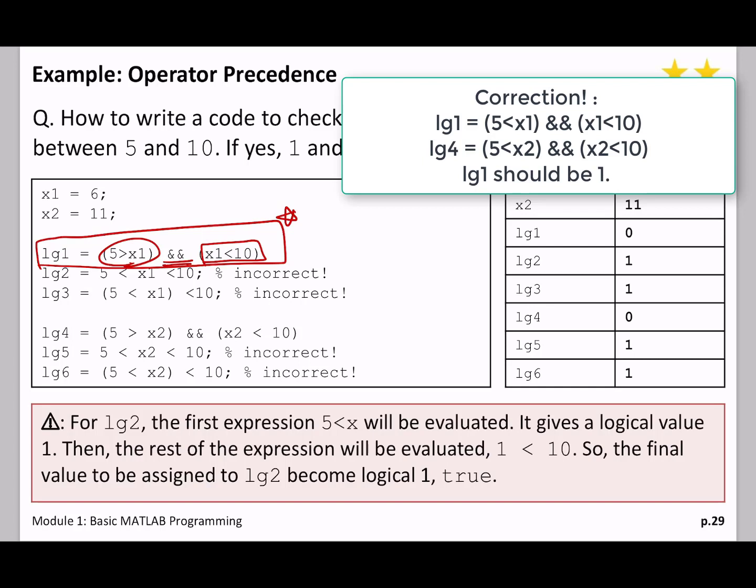Again, x lies in between 5 and 10, which indicates that x is more than 5, right? And x is less than 10. Okay? So these are the correct script.